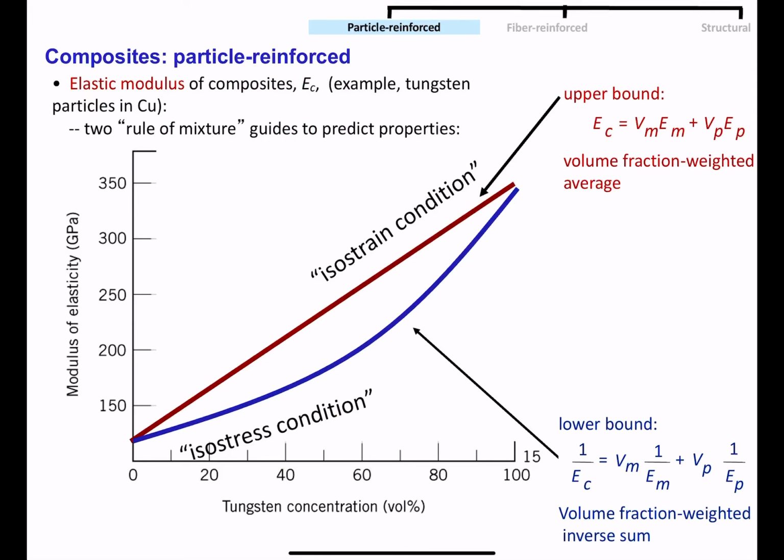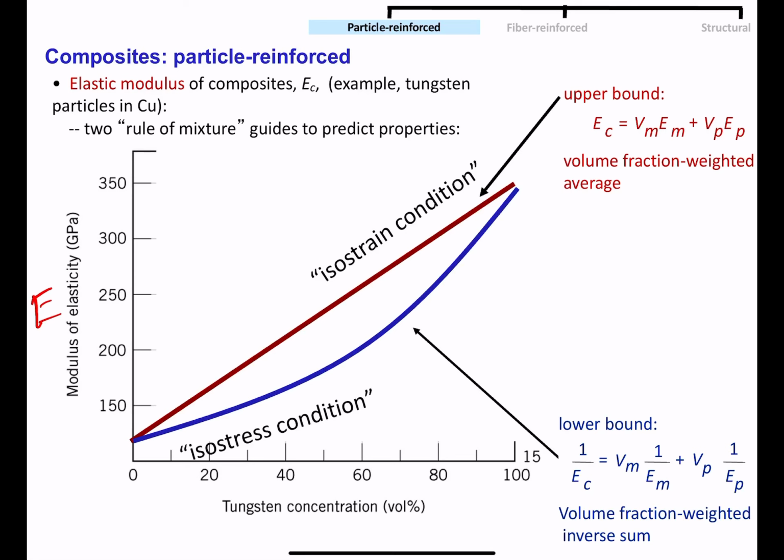Okay. And so in the graph shown here, we have the modulus of elasticity, or Young's modulus, capital E, again plotted against, say, the tungsten concentration in that previous tungsten carbide cobalt composite.